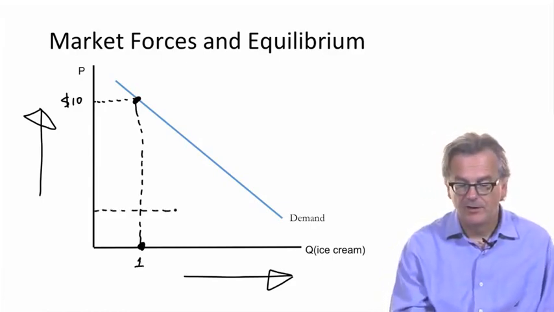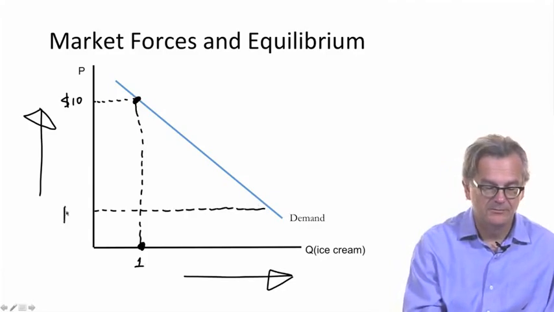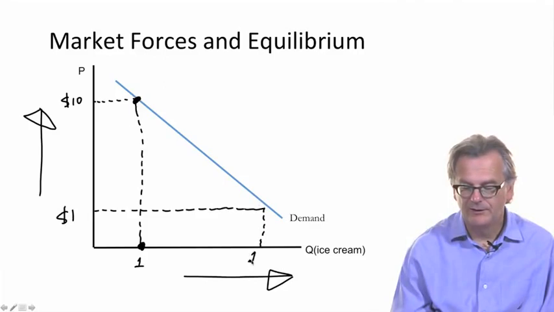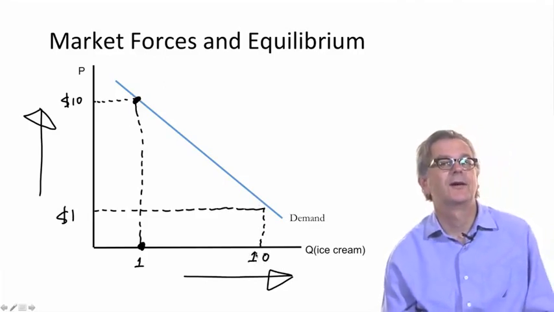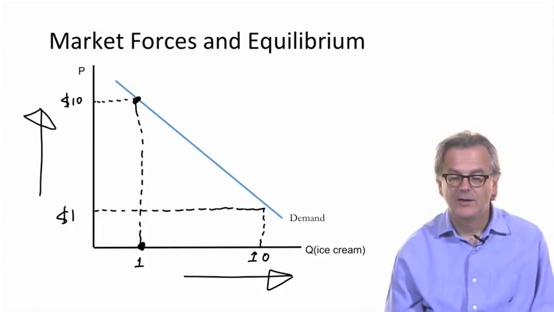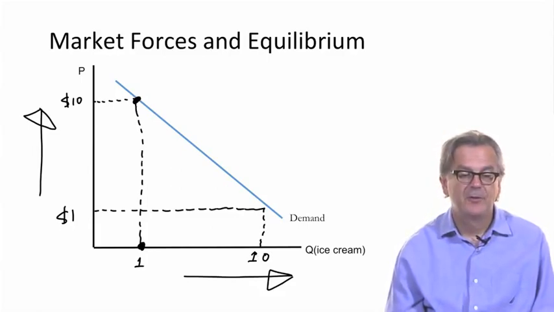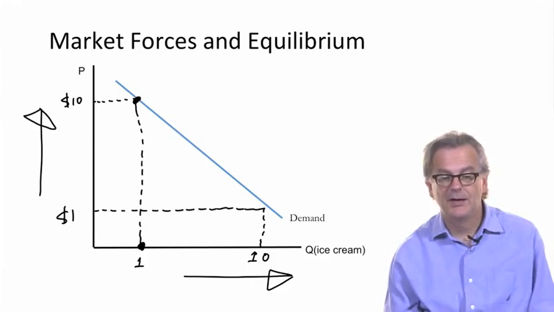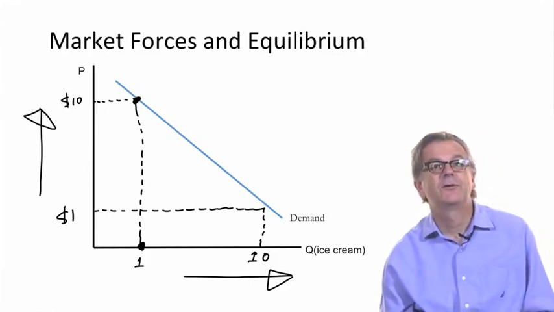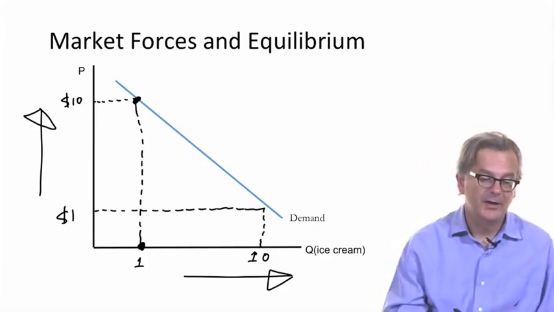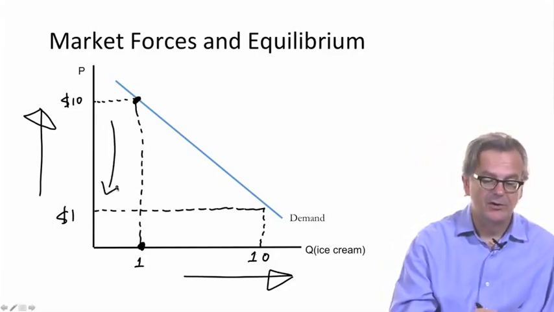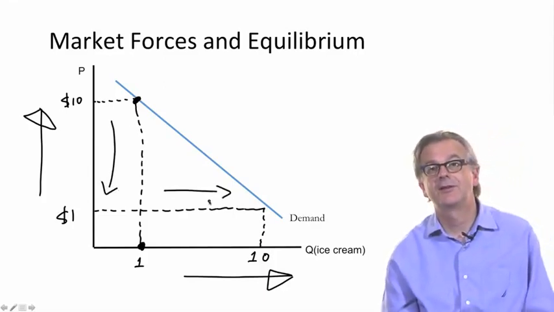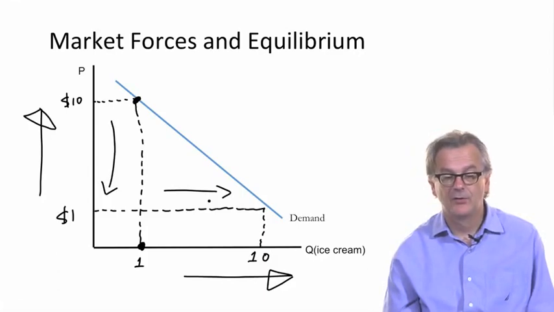But if the price of ice cream should fall to $1, well, that's very attractive, and maybe you would purchase a great deal of ice cream. So the demand for ice cream can be represented in this framework by a negatively sloped line, which represents what microeconomists call the law of demand. Should the price fall, the demand increases, and conversely, should the price increase, then demand will fall.